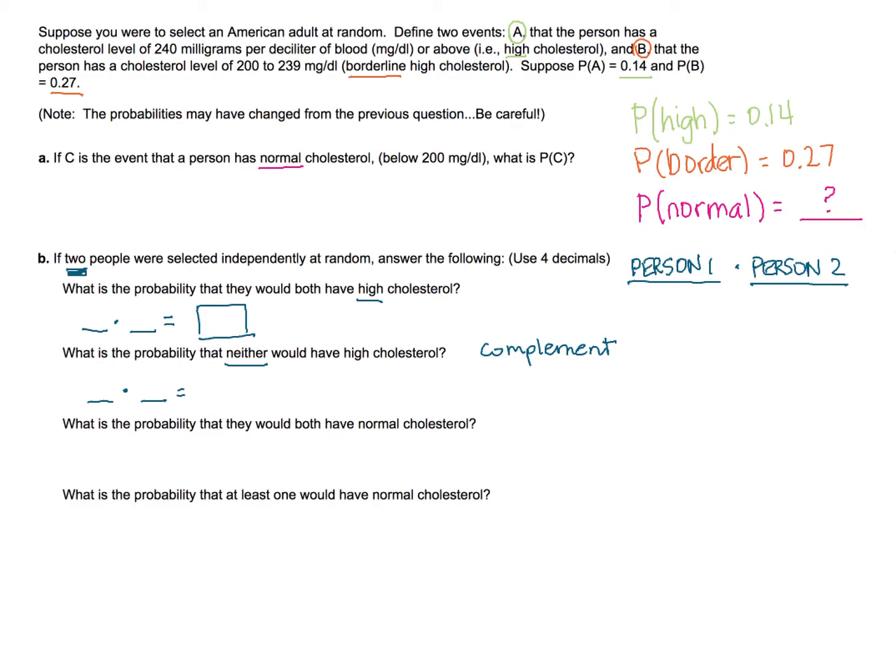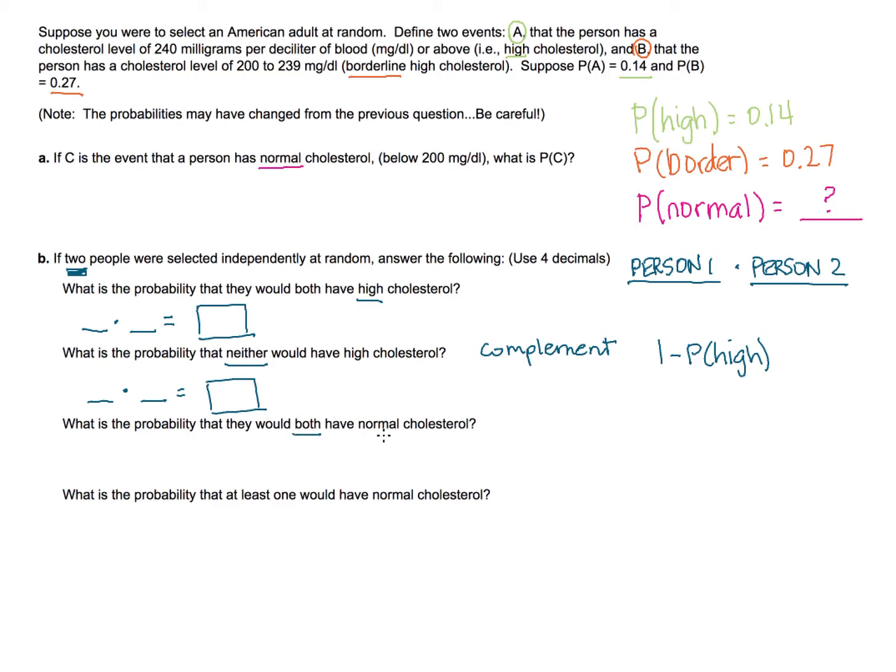So figure out how you would calculate that. It's going to be 1 minus the probability of high, is another way of thinking about that. And so you will have that information based on your table. And you just plug that exact same number in for person 1 and person 2, and multiply it and get your value.